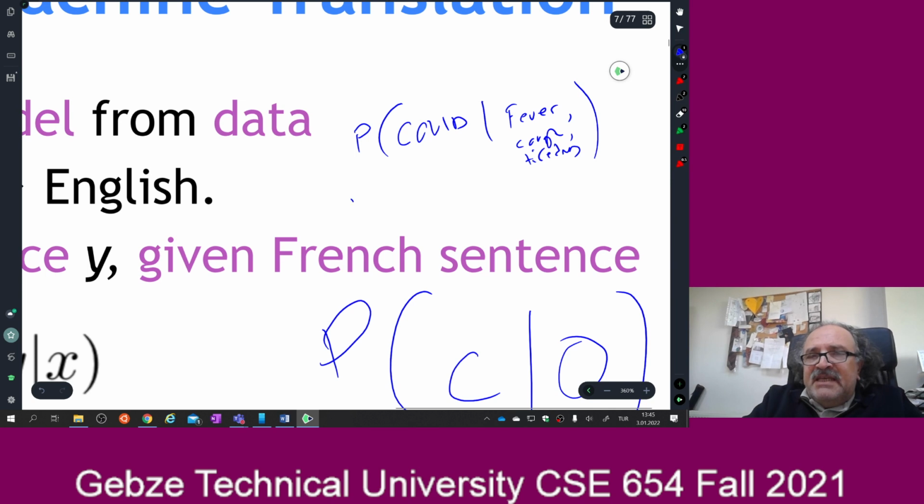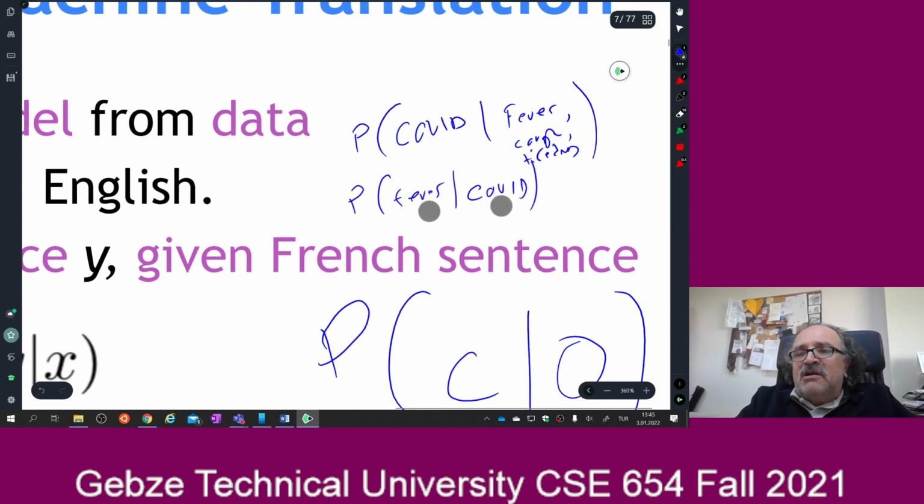Instead, we said that let's calculate this one. What is the probability of a person having, given that person has this COVID virus, what is the probability that this person has fever, right?